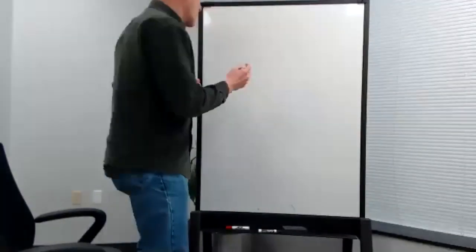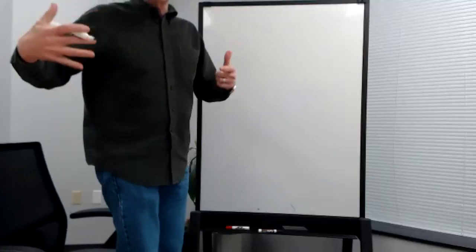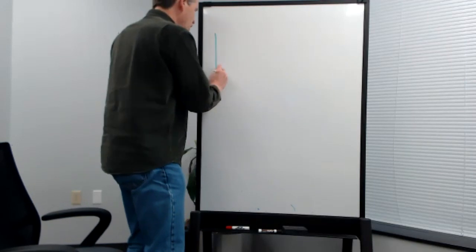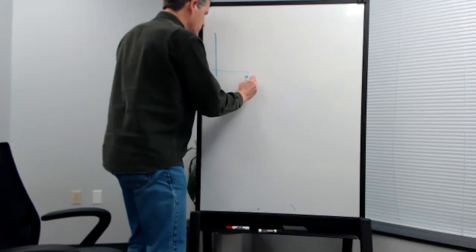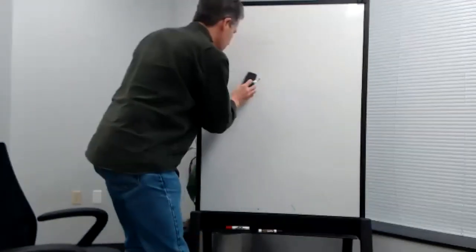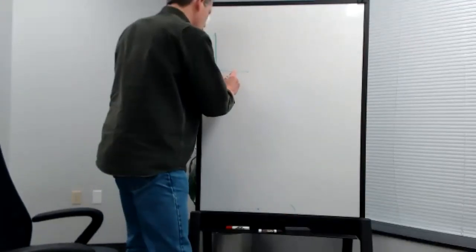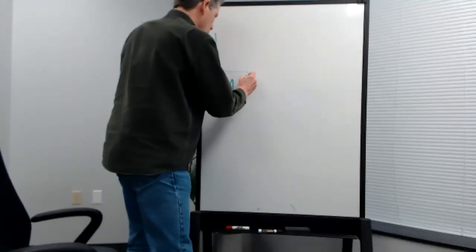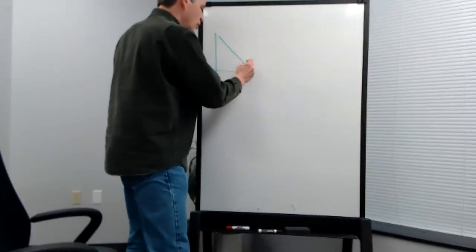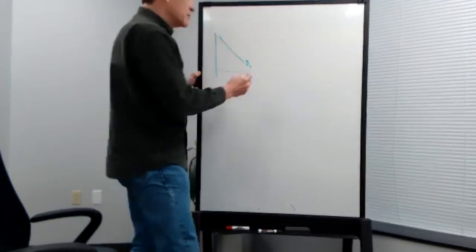So let's start with a private good. I know as I stand up, you can't see my head, and that's just the limitation of doing it this way. Sorry. We have person one, who has a demand for a product which I'm going to call D1.